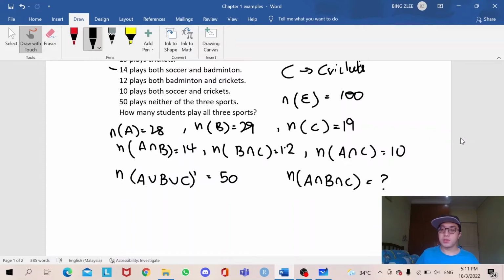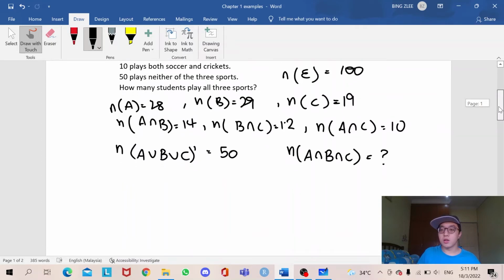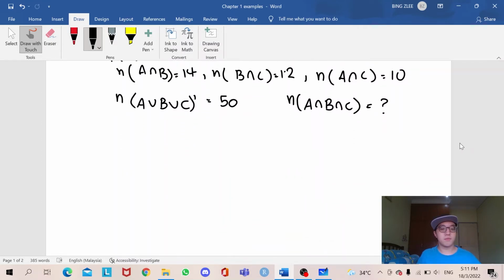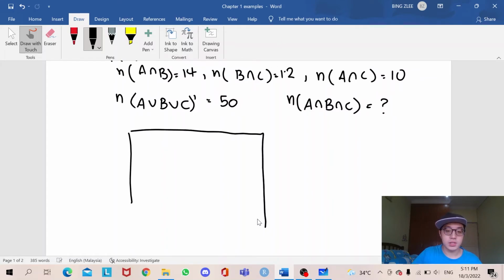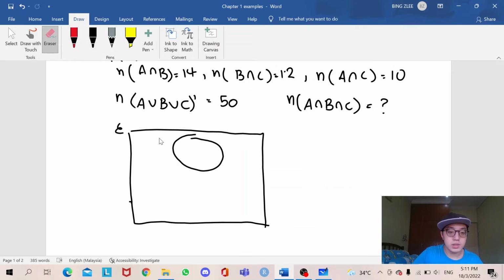All right, so from here, you can solve using a lot of different ways. You have formulas and you have other methods, but I will actually recommend you to use the set method to solve this kind of question because it's going to make your life a lot easier. So this is the universal set, the Venn diagram.